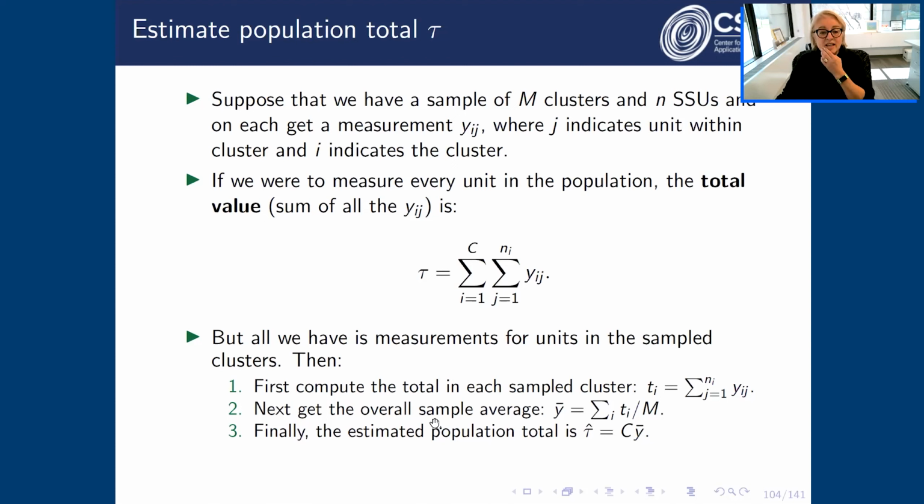And then I'll get the overall sample average, which I'm going to call Y bar, and that's just the sum of all the T's divided by M. And then I will estimate that population total, which I'll call tau hat, simply by taking the total number of clusters in the population times the per-cluster average I computed from my sample.